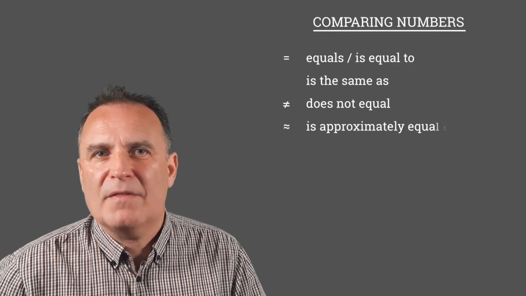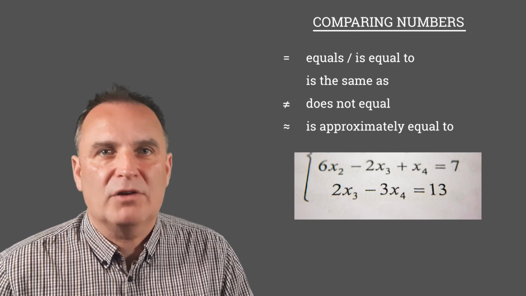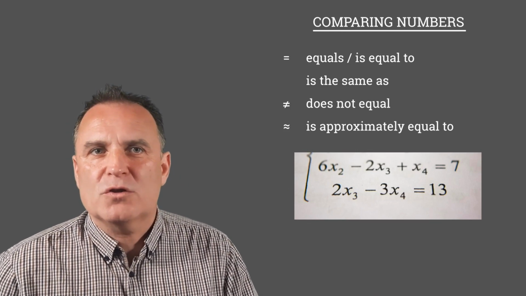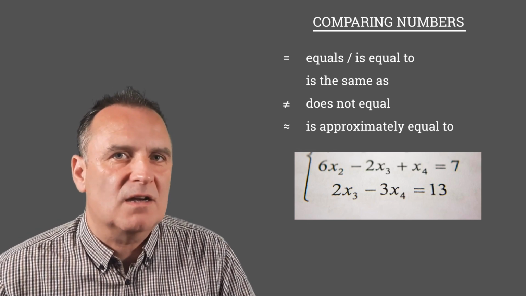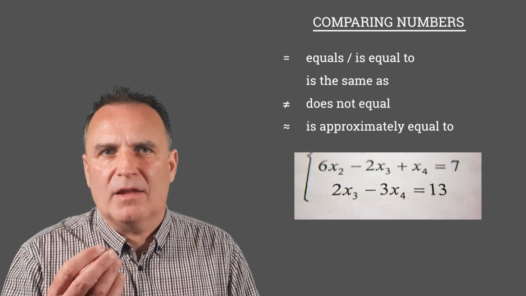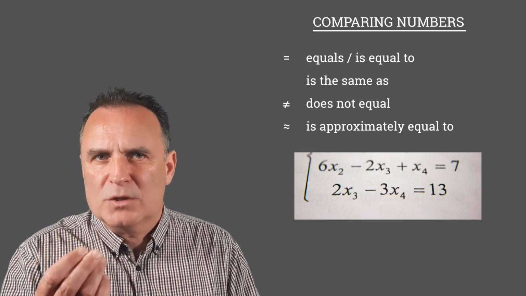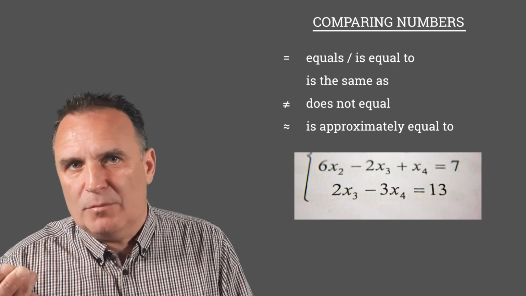Finally, a quick word about these mathematical signs, which are so useful when we're comparing numbers. So, of course, we use the equals sign. We always use it in the third person singular, which means we put an S on the verb.